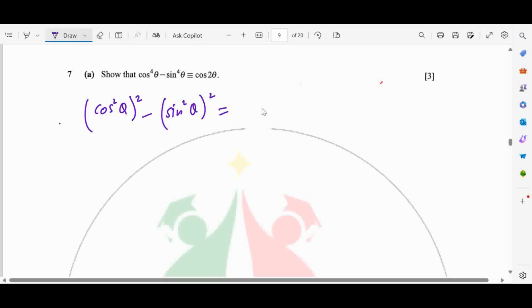Okay, now this will be equals to a plus b into a minus b.